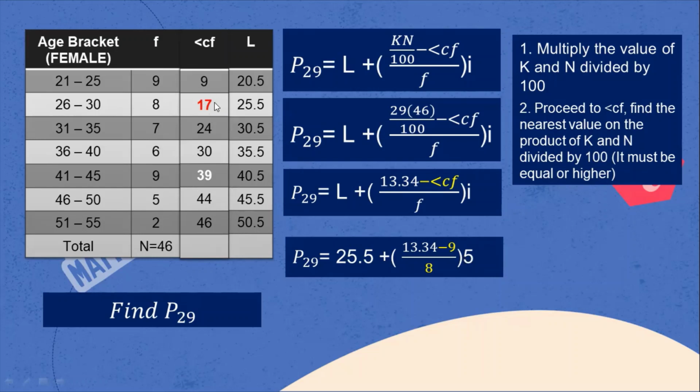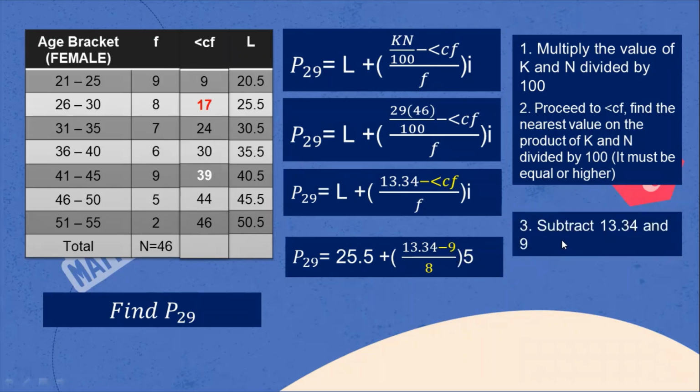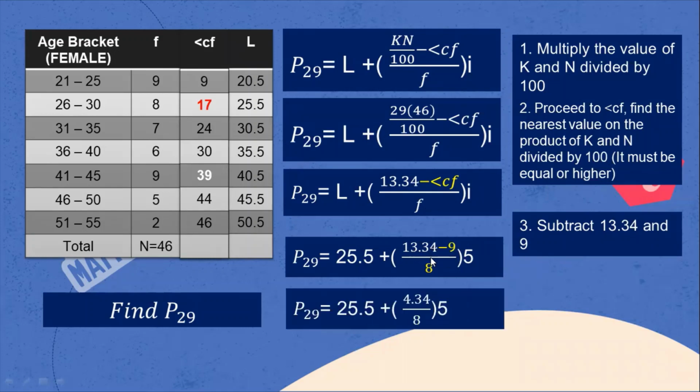We will not be using 17, but we will be using the less than cumulative frequency below 17, that is 9. Next step, subtract 13.34 and 9. 13.34 minus 9 is 4.34.